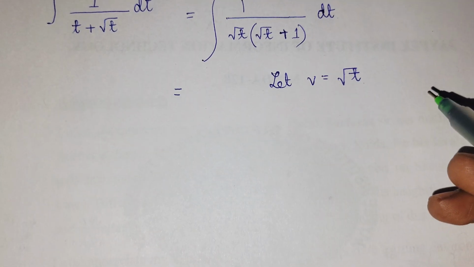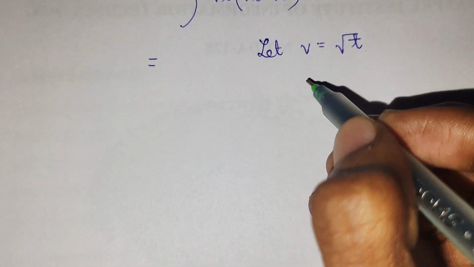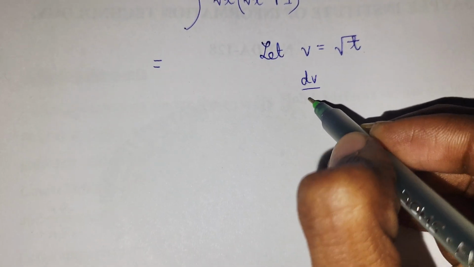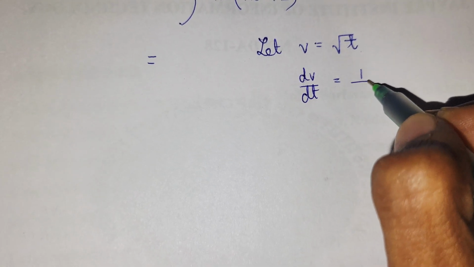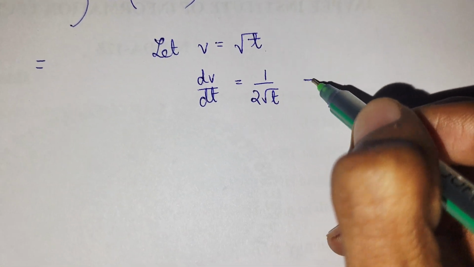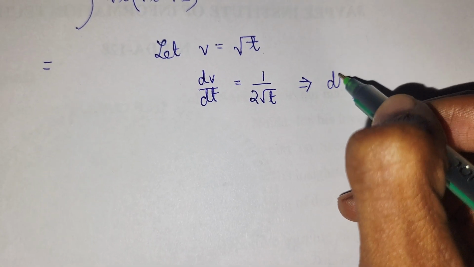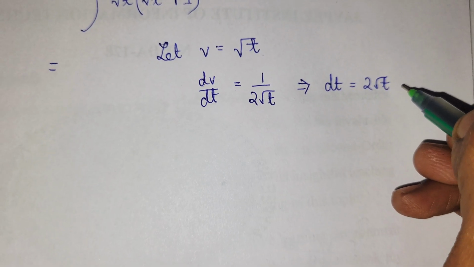If v equals square root of t, then dv upon dt, the derivative of root t with respect to t, equals 1 by 2 square root of t, from which we can write dt is nothing but 2 square root of t dv.